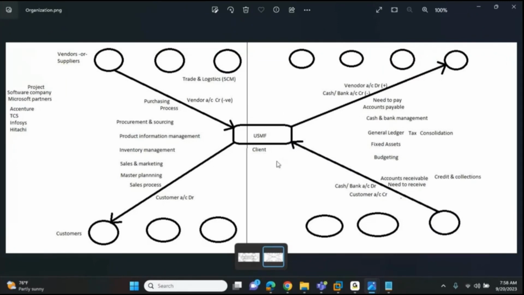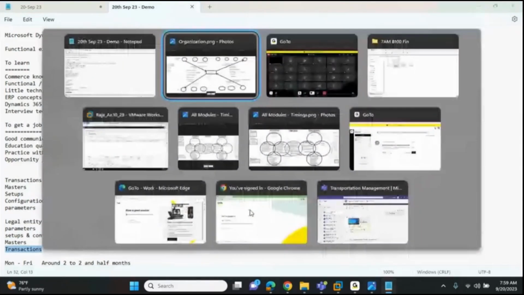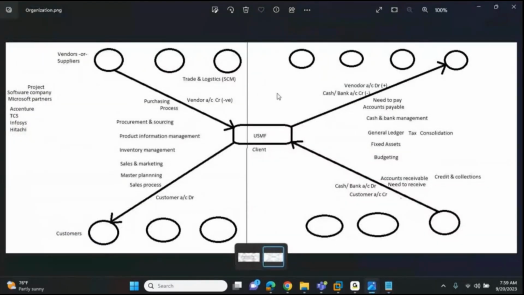You are going to sit in the software company and guide these people, but you need to learn what exactly they are doing. It's part of data entry that someone does at the front desk, and if there is any issue with the transactions, that's where you help. Exactly. Without knowing what the business user is doing, you cannot guide them from the software company.